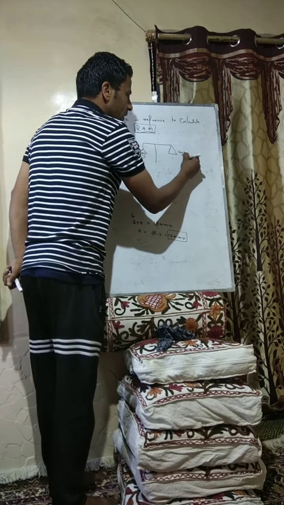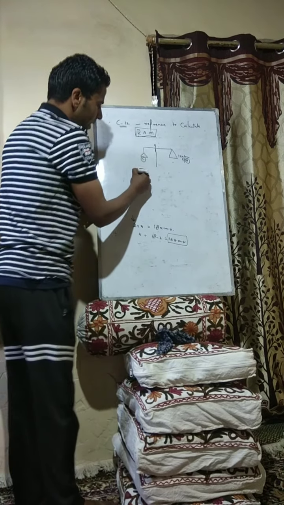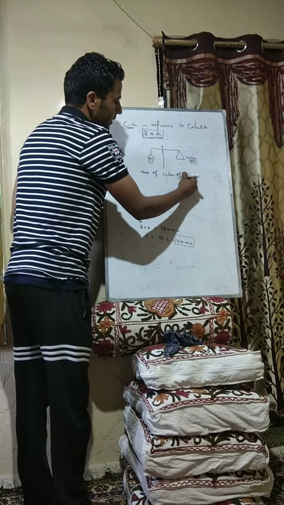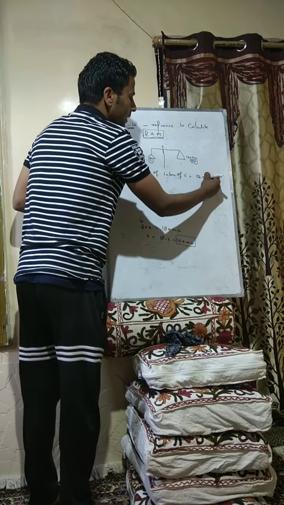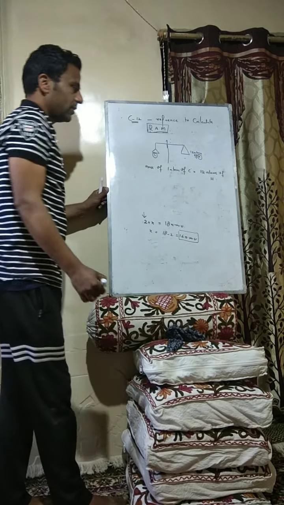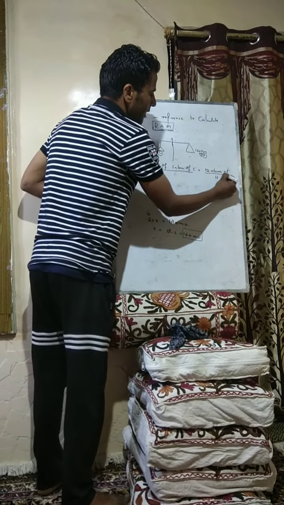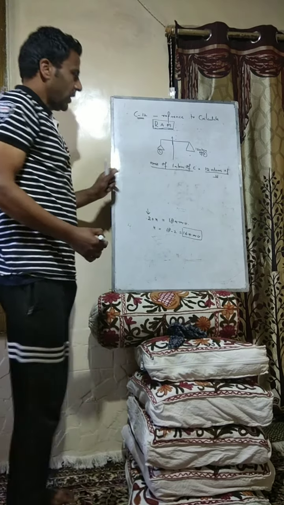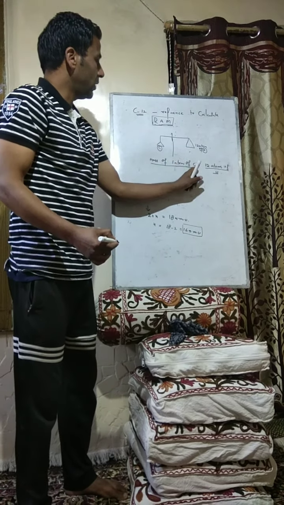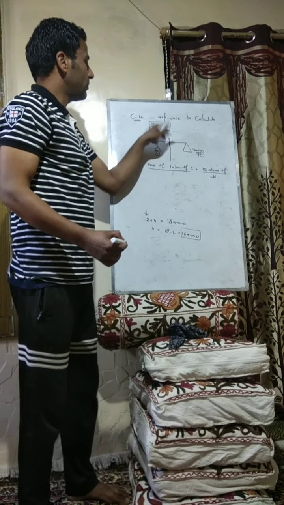So the mass of one atom of carbon is equal to 12 atoms of hydrogen. Now we are going to use the carbon instead of hydrogen to calculate the atomic mass of other elements, which gives us the relative atomic mass.